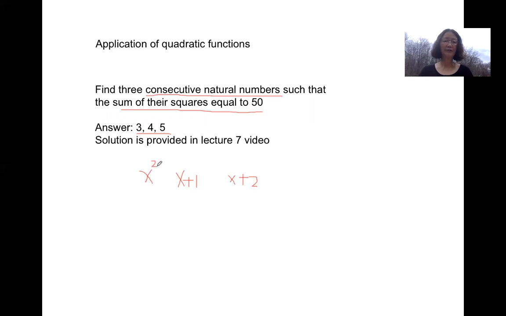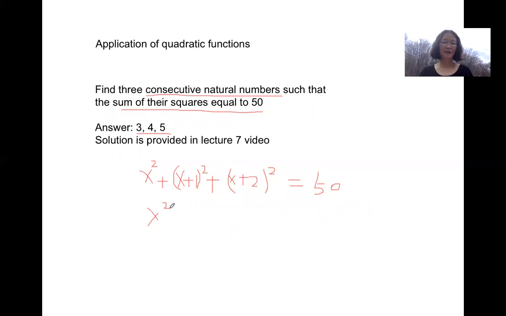So square each number. The sum means you add them together, equal to 50. Okay. And then you simplify the left-hand side.